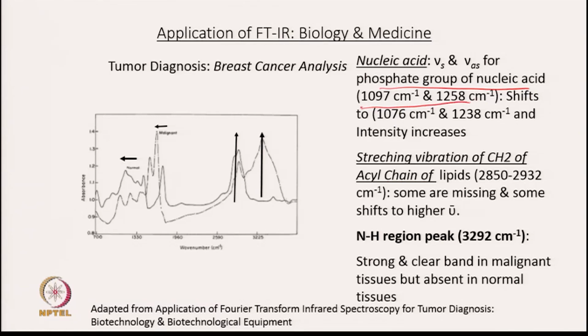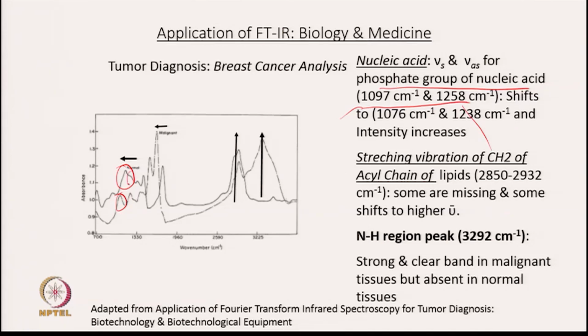The first one is due to symmetrical stretching, and the second one is due to asymmetrical stretching, and you can see that they shift to 1076 cm⁻¹. So this 1097 is going to 1076 cm⁻¹.